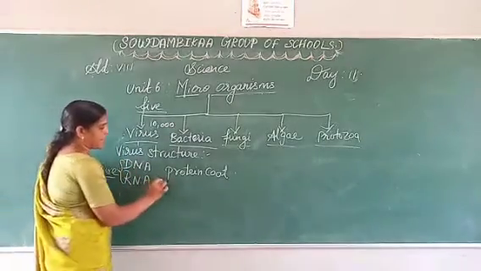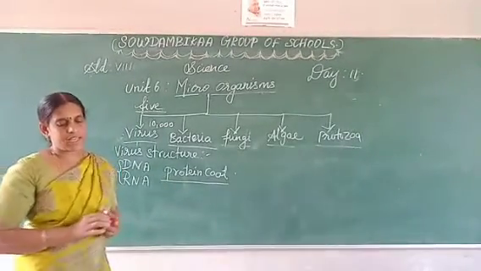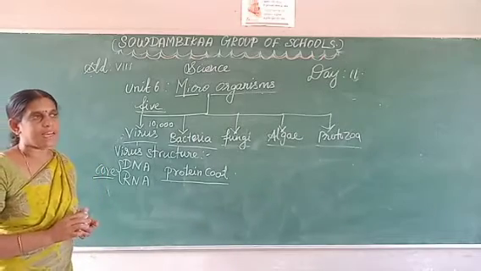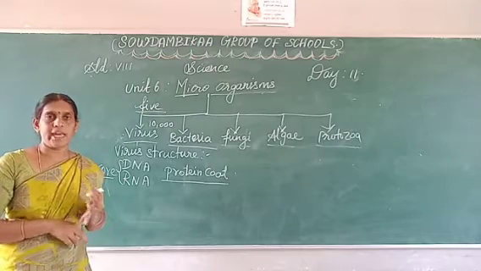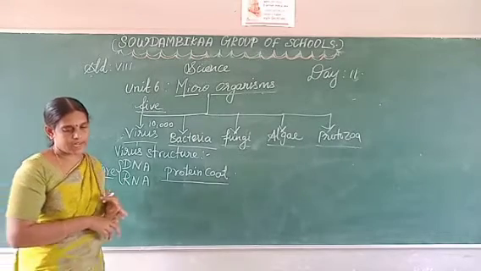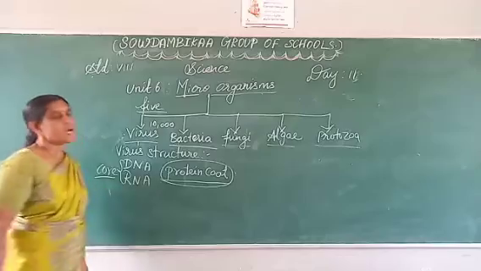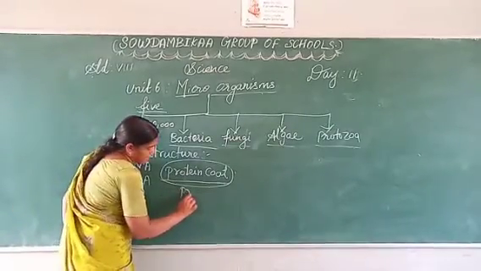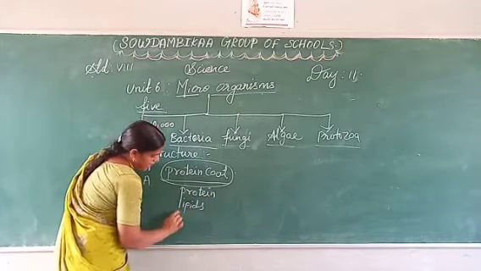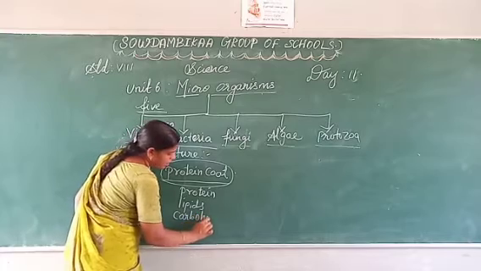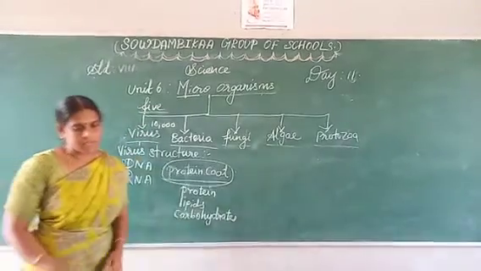This core is surrounded by the protein coat. In some viruses, the protein coat is covered by an envelope of protein, lipids and carbohydrates. Are all of you clear about this? Yes.